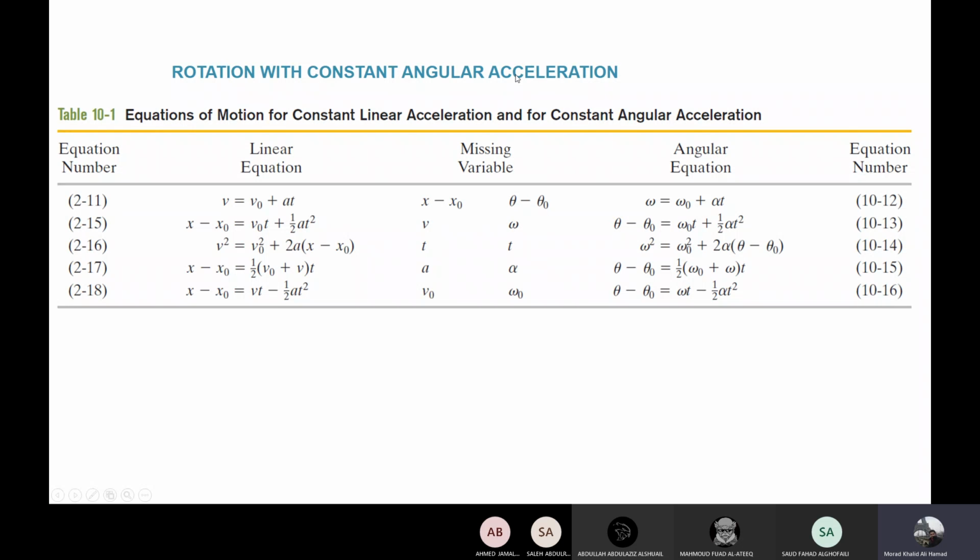For example, in the linear equations of motion, if you remember, instead of x, we now use theta. Instead of v, we use omega.